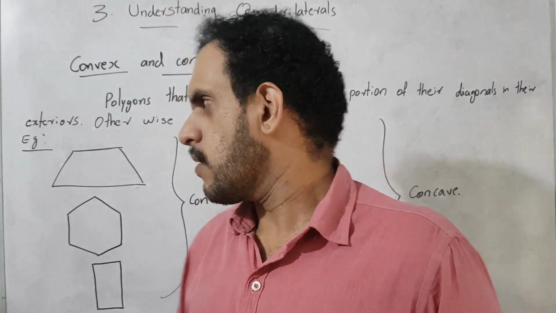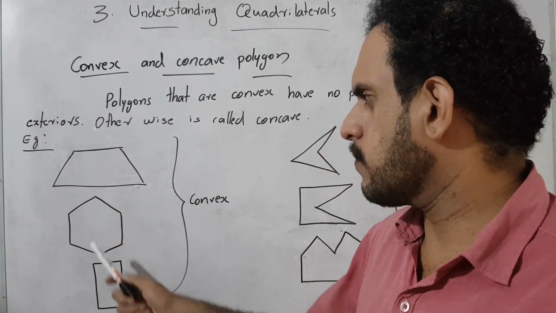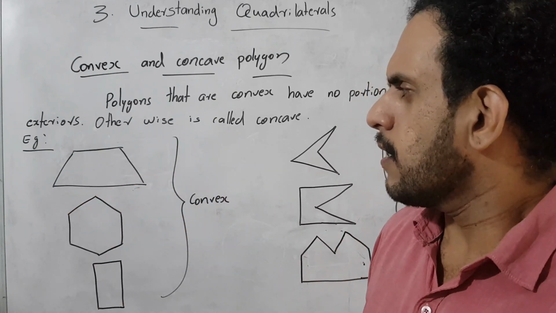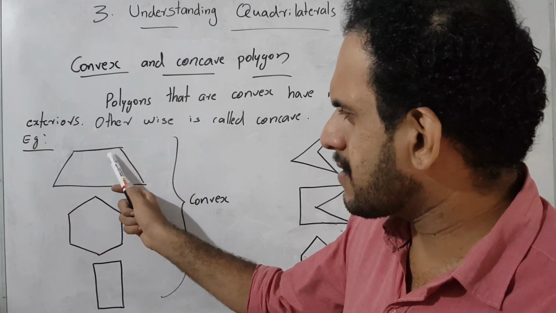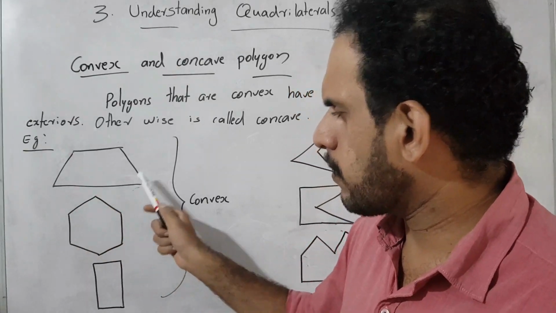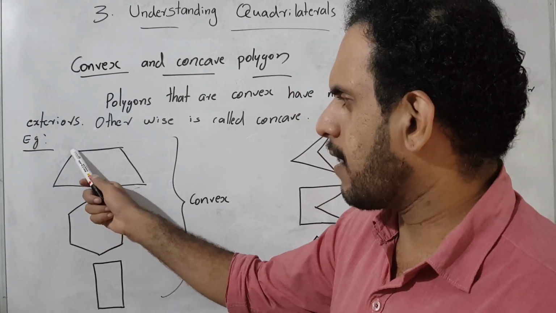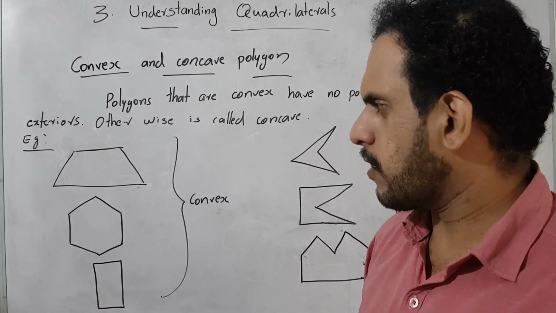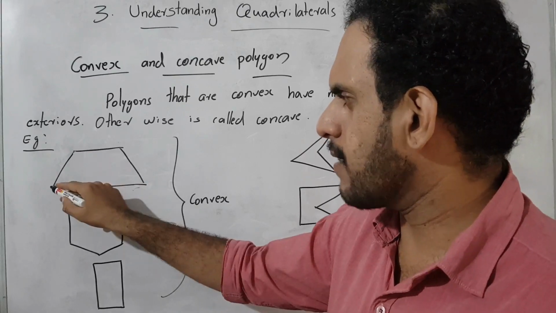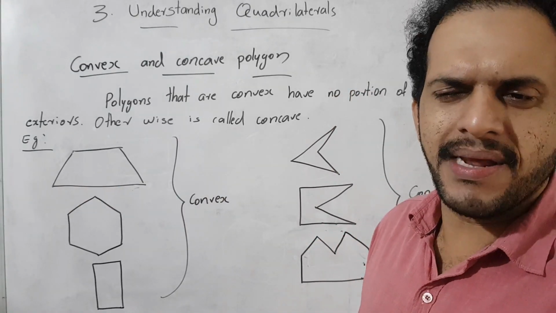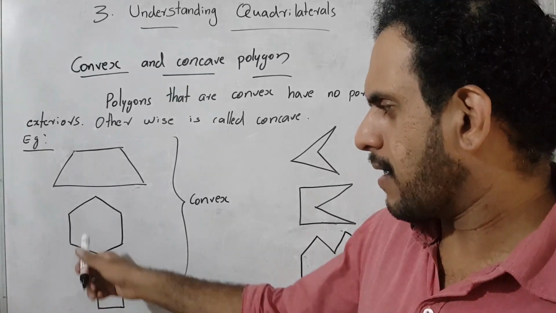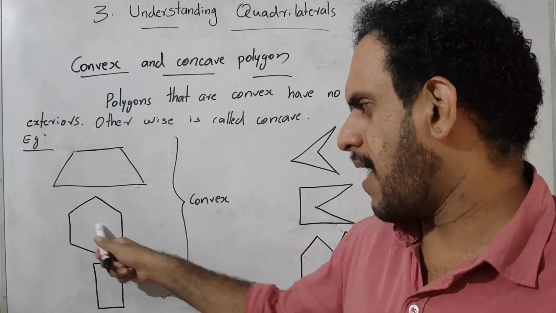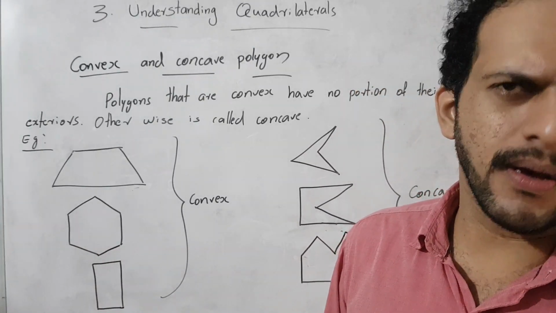For example, here we have three figures. If we draw the diagonals of this quadrilateral, they lie completely inside the figure, correct? If you draw like this or like this, the diagonal completely lies inside the figure. And here also, the diagonals lie completely inside the figure.